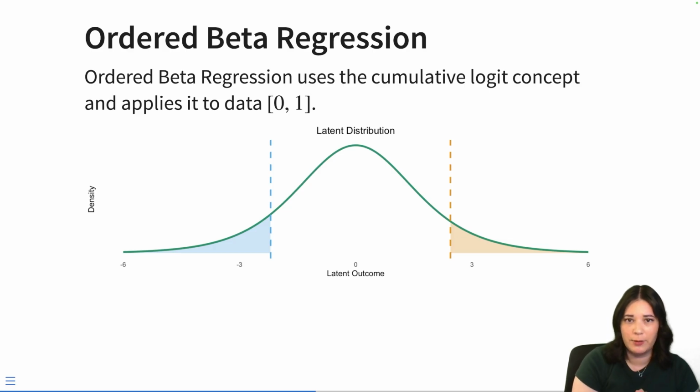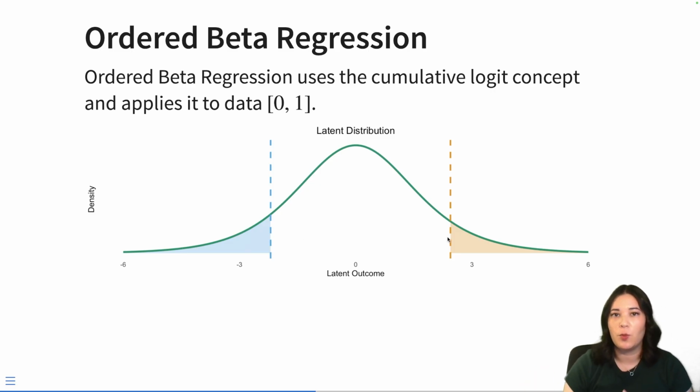In ordered beta regression, we still have 3 components, but those components are modeled in the same way that our cumulative logit models were modeled. Basically, we have a continuous latent distribution, and we have one cut point below which you would be a 0, and another cut point above which you would be a 1. And then everything between is just your typical beta regression.